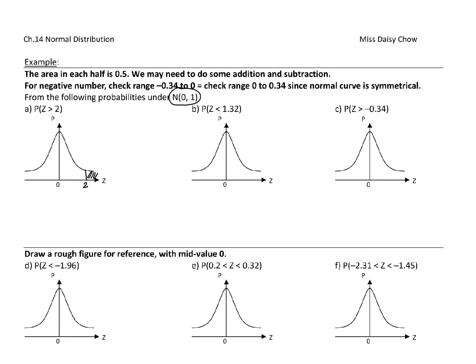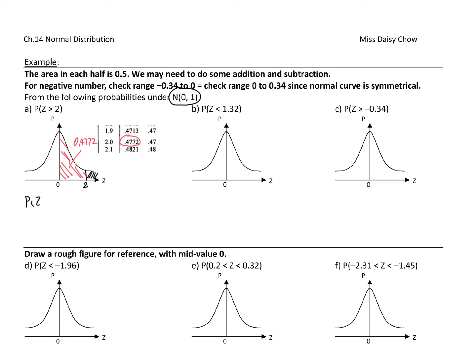So if you check the table, you will get the number 0.4772, and this number is between 0 and 2. 呢一個數字係由0開始去到2嘅，即係代表如果你 check table 嘅話，佢係俾呢一塊嘅 area 嚟，就係0.4772。咁而家你就想揾呢一塊黑色嘅地方。Okay, so I think this one should be easy.